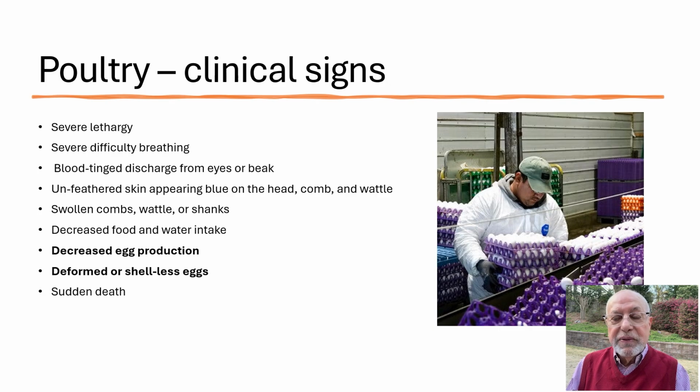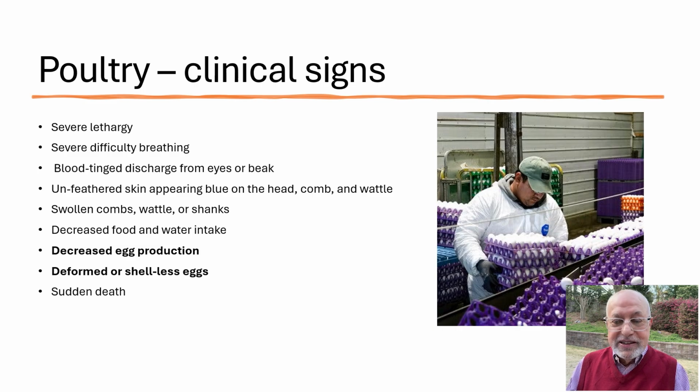Now, birds having this influenza infection usually have different symptoms, and one is decreased egg production. That's part of the reason that, as we speak, eggs in the United States are about 3 to 4 times the price of a year ago.